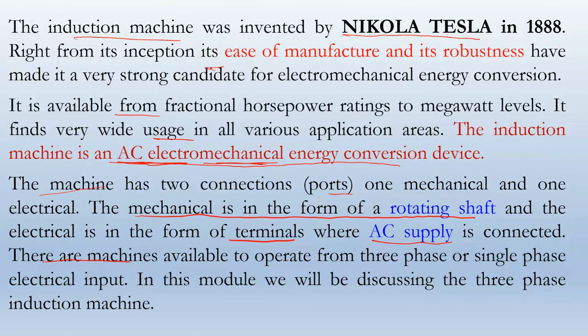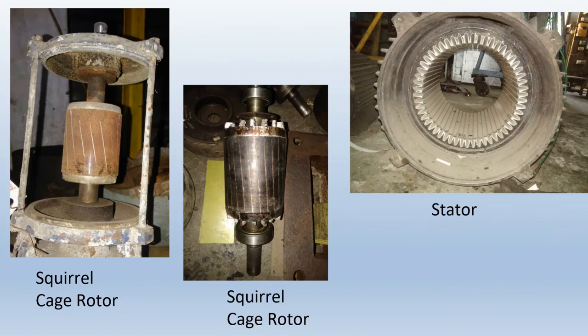There are machines available to operate from three phase or single phase electrical input. So basically, if single phase is given, it is called as single phase motors, and if three phase is given, then it is called as three phase motors. This is the first type of motor, the squirrel cage motor.